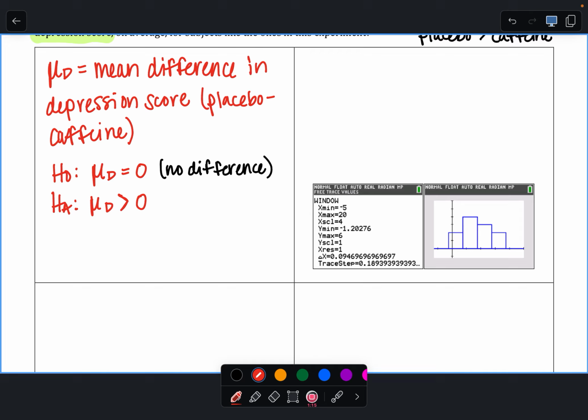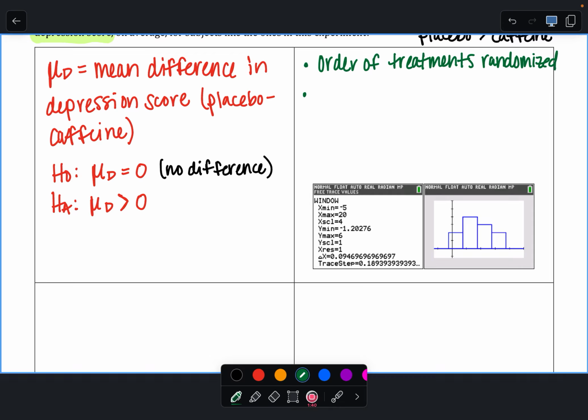So now I'm going to run through my conditions. These are going to look a little bit different than we're used to seeing. I'm going to say order of treatments randomized, and that's going to cover our basis for random. Now, this one is a little bit of a special case.